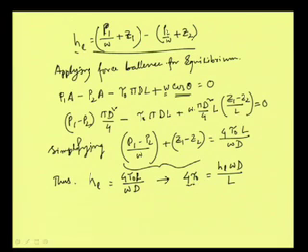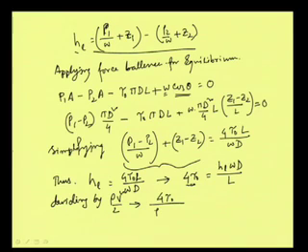So, considering all these issues, let us divide the expression by rho v square by 2. That will give us 4 tau 0 divided by rho v square by 2, and that expression we write as f.